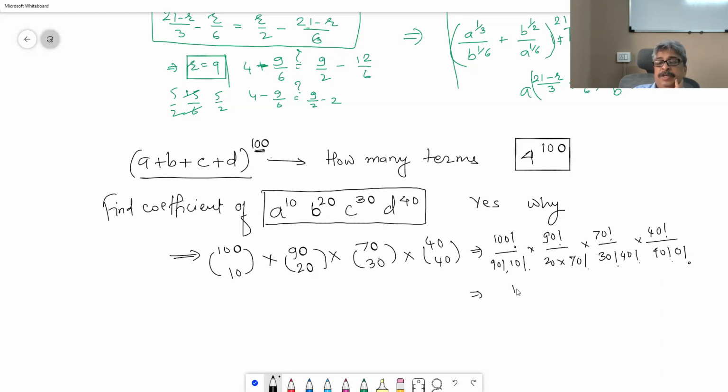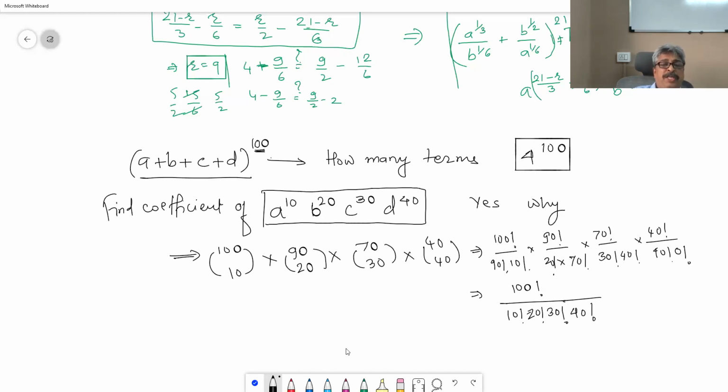That makes it 100 factorial upon 10 factorial into 20 factorial into 30 factorial into 40 factorial. One way of looking at it.